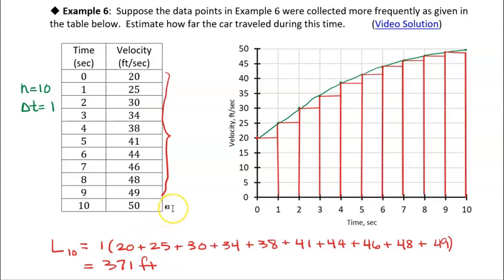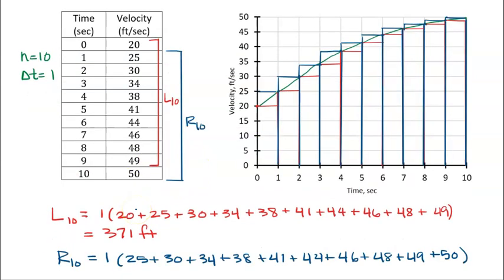All right, now let's do the same thing, and let's do the right-hand sum. So I've drawn in these blue rectangles which represent the right-hand sum. I'm going to call it R10 because there are 10 subintervals, and the interval width is 1. So each rectangle is 1 by some height, and we're using the velocity on the right-hand side of each subinterval as the height of the rectangle.